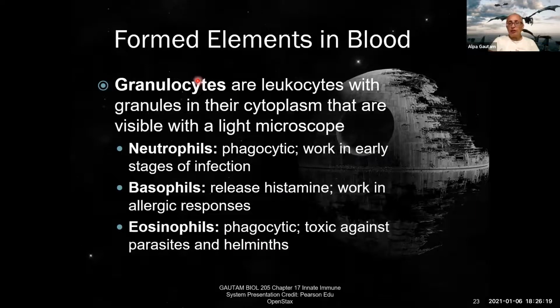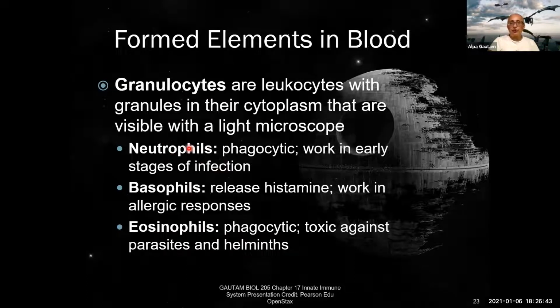So again, granulocytes, these are the leukocytes that have visible granules in their cytoplasm. The granules within them are going to have different components that will help get rid of pathogens. So the cells that belong in the granulocyte group are neutrophils, eosinophils, and basophils.